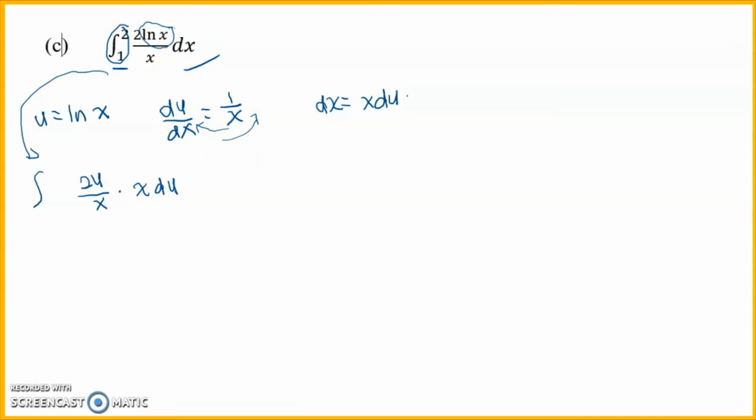So what we can do is say when x equal to 1, then u equal to ln x, so u equal to ln 1, which is equal to 0. And when x equal to 2, u equal to ln 2, which is equal to 0.693 for the upper limit.